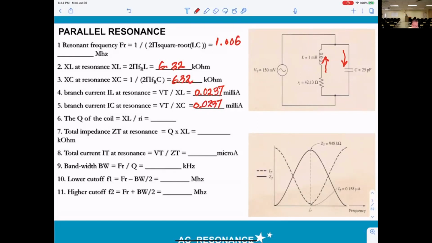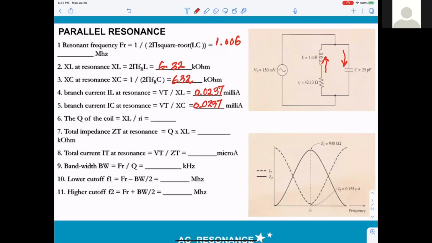That's okay. Number 6. Calculate the Q. 150.